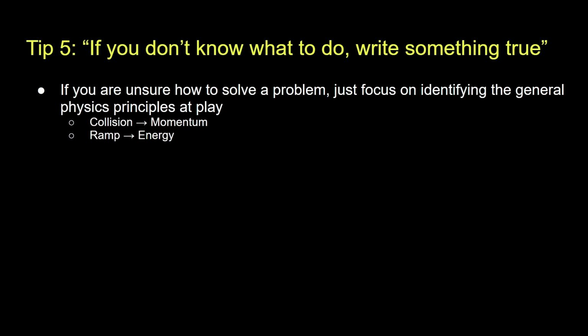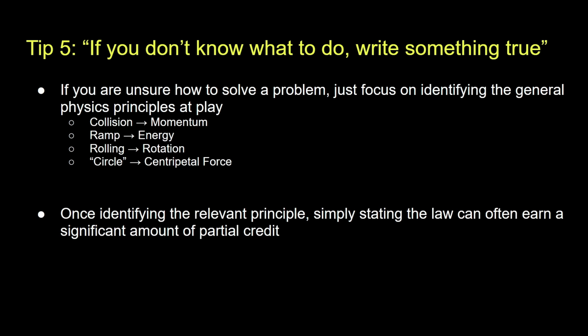Is there a ramp involved? There's probably energy. Is it rolling? Then there's rotation. Do you see the word circle anywhere? Then centripetal force probably shows up. And once you identify the relevant principle, you should write some sort of equation related to that, and that can typically even get you a point, even if you have no idea how to finish.